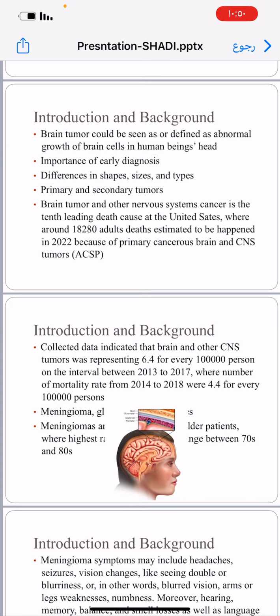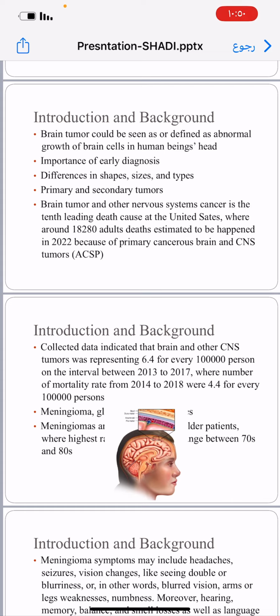A brain tumor is an abnormal growth of brain cells in human beings. So it's very important to have an early diagnosis system, because once you have an early diagnosis, it will be better for the treatment process. And this tumor has different shapes, sizes, and types.